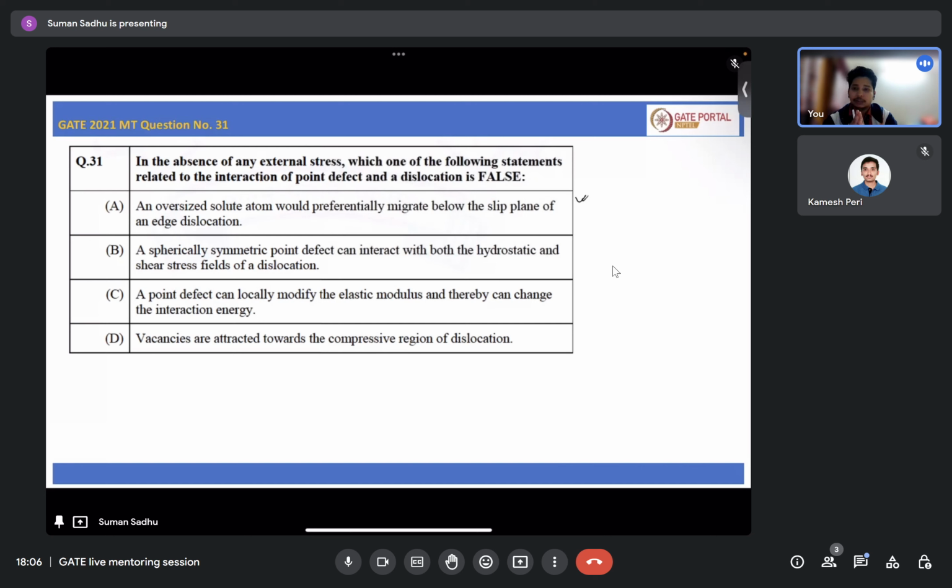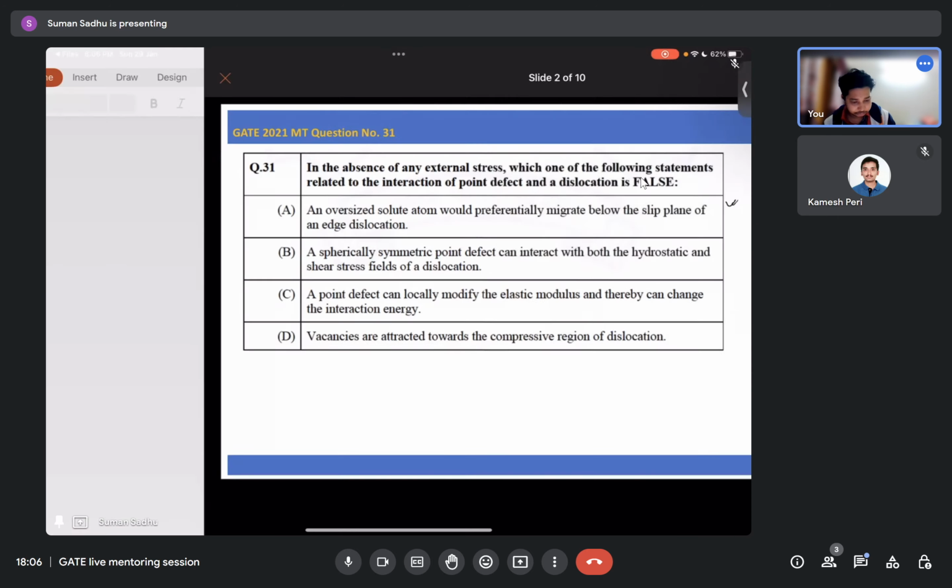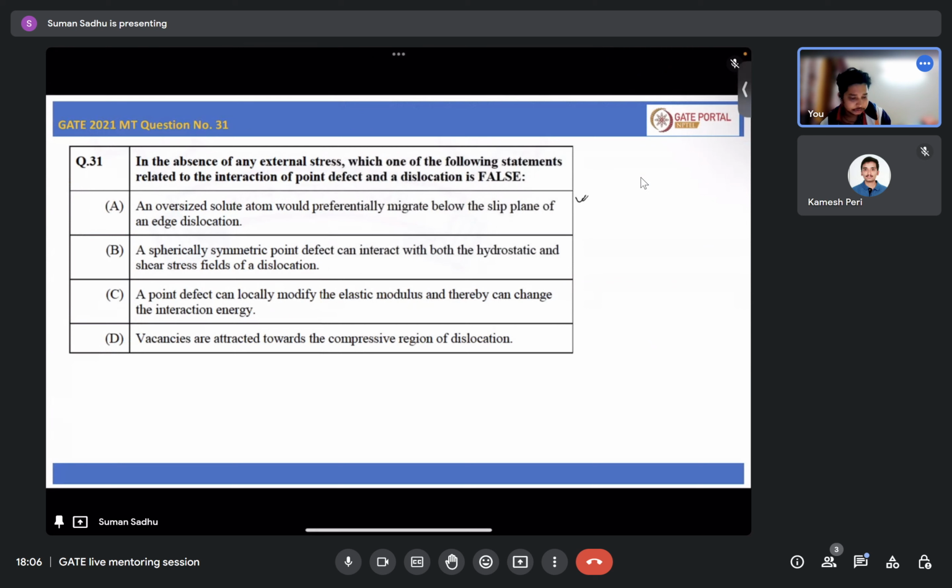So do you know, when we dissolve an oversized solute atom in the matrix, what kind of stress is developed in the matrix? Let's say you have this set of atoms initially.